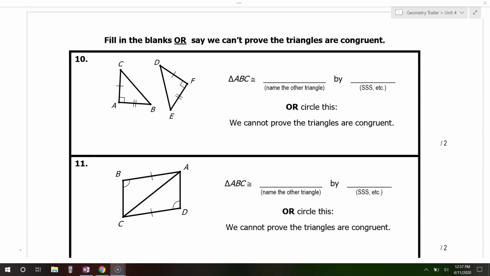Are these triangles congruent? If so, why? Well, if I just look at one triangle at a time, I see that we have two sides and an angle.